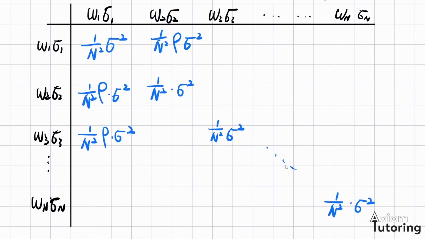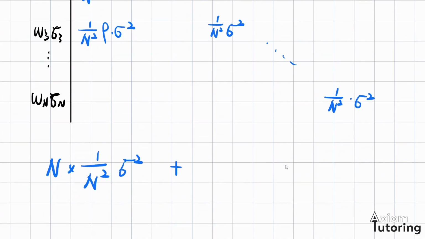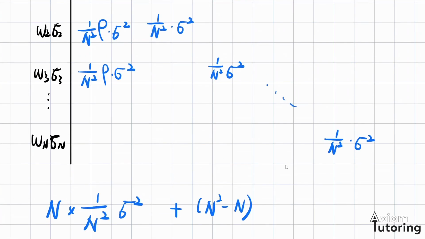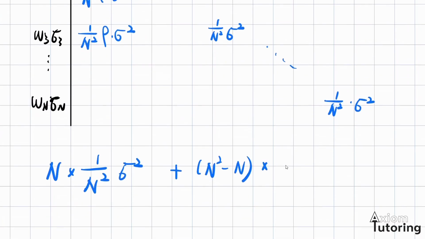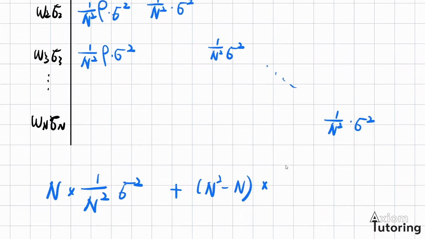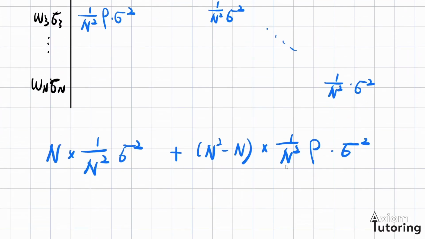So the rest of the terms must be n squared minus n, and each of these terms is identical. So that will be 1 over n squared, rho, and sigma squared. That is going to be the variance of this whole portfolio.